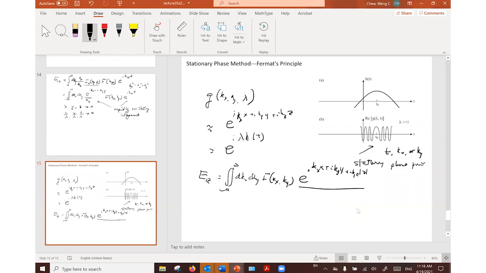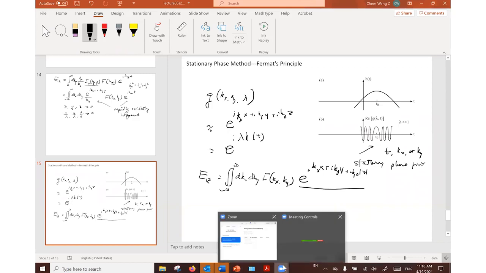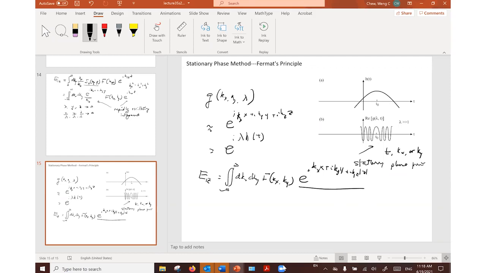The stationary phase point actually turns out to be very much related to x, y, and z. If you were to re-express this in terms of Cartesian coordinates, the stationary phase point is given by kx = k1 sine theta cosine phi, and then ky is given by k1 sine theta sine phi, where theta and phi are related to the x, y, and z coordinates in spherical coordinates.